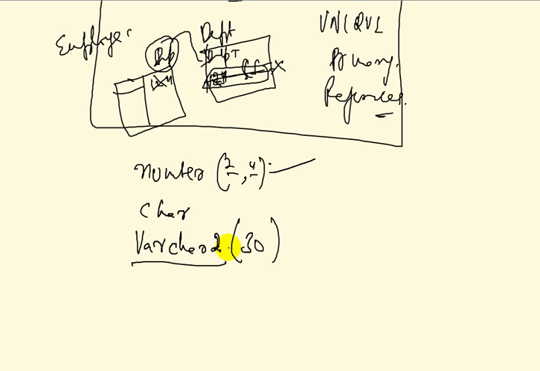But if tomorrow you fill up to 10 only, 20 will be wasted. But varchar2 will not let you waste. If you put less and your memory allocated is more, it condenses it automatically. But it has extra overhead because it has to remember how much my original size was, right?